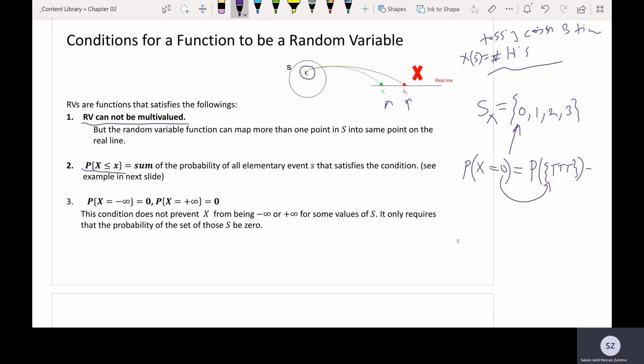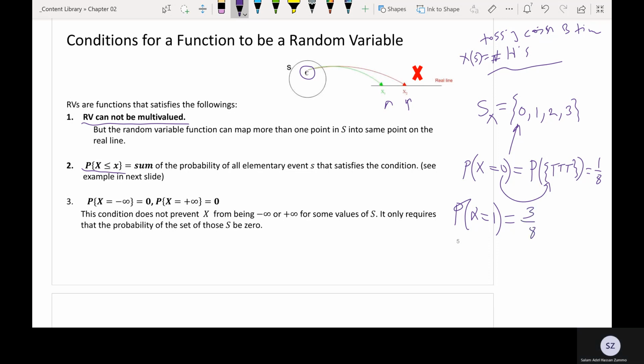So this was equal to 1 over 8. It happens only once out of 8 possibilities. What about the probability that X equals 1? It's 3 over 8, because the random variable can take the value 1 in 3 out of 8 possibilities, right? So it's 3 over 8.